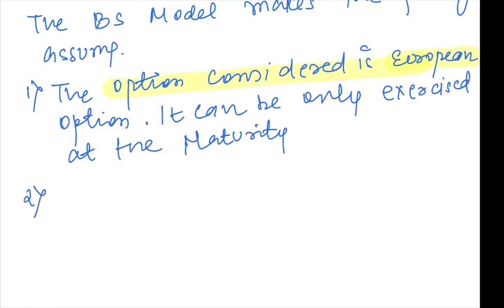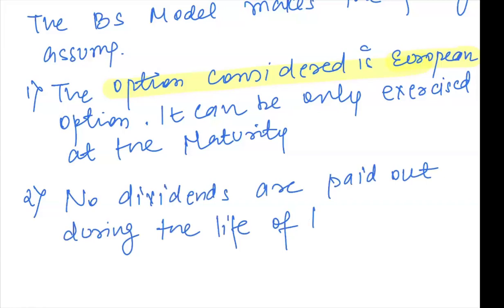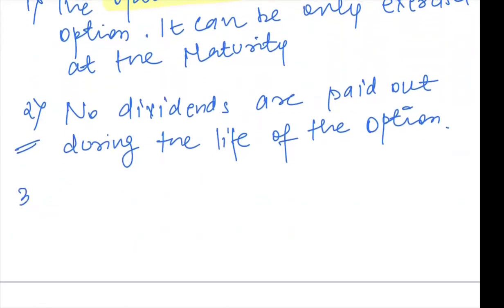Second, no dividends are paid out during the life of the option. We assume that, although these options of course may give certain dividends. Why we take such an assumption is just to make the calculation simple. So no dividends are paid out during the life cycle of the option.